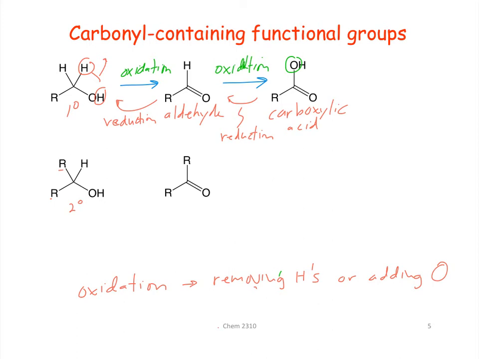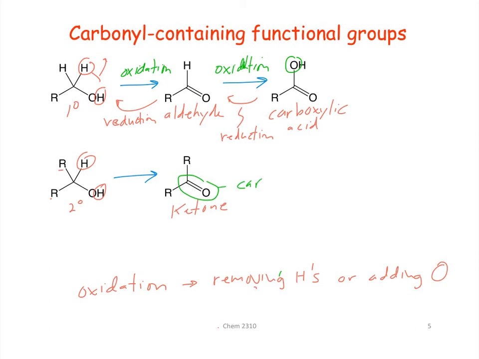Alright, if we start with a secondary alcohol, however, and we go over here, we remove two hydrogens again, this hydrogen and this hydrogen, we form a pi bond there, we don't get an aldehyde, but we get what's called a ketone.